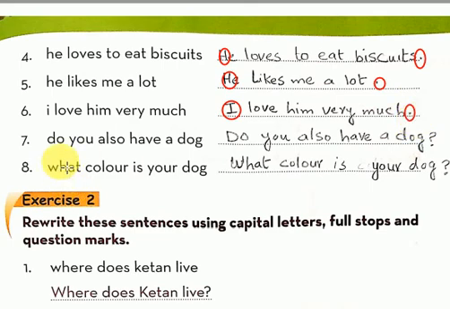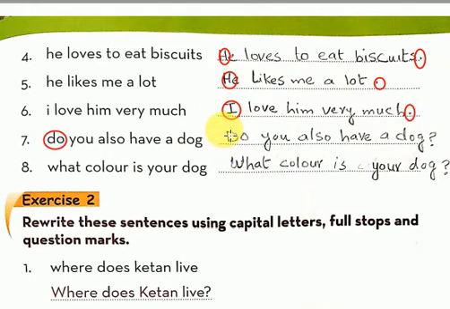Now see option number 7: Do you also have a dog? Now see, the word do will come here. If you translate this sentence, you will find that he is asking for some information. He wants to know something. So this is a question.